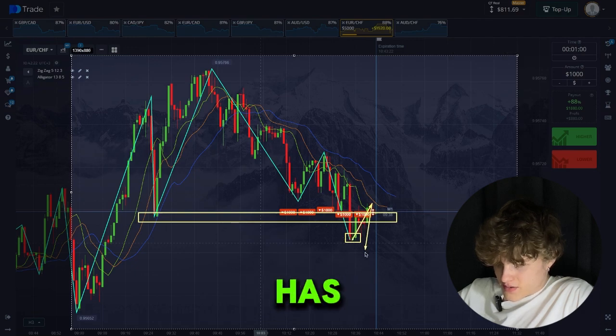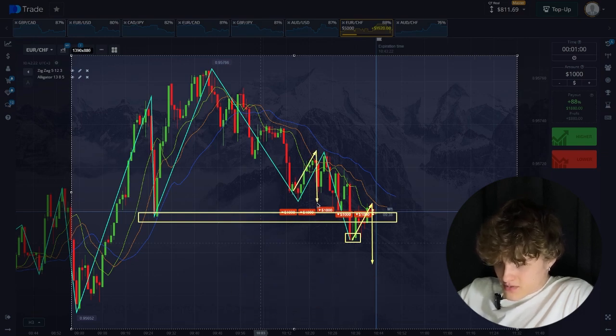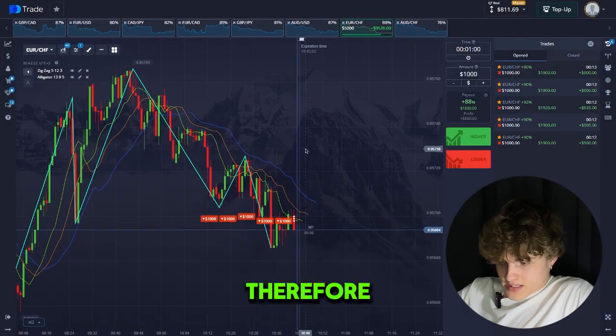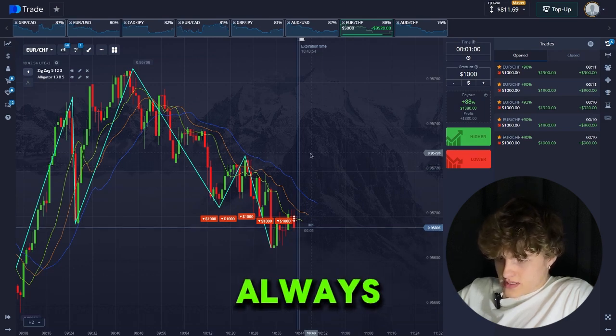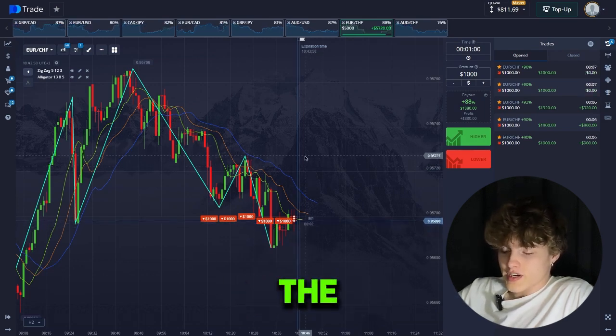The price has rolled back, and I think after this rollback the price should go down. If you look at the nature of the movements, a similar pullback. Moreover, all the alligators are also wide open and directed downward, telling us about the downward dynamics. Therefore, it's better to always open on the trend. That's why we open the final trades on the trend.